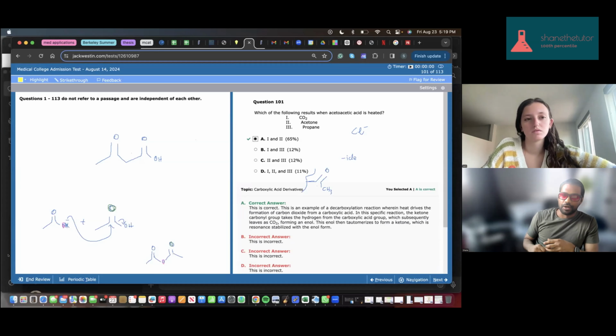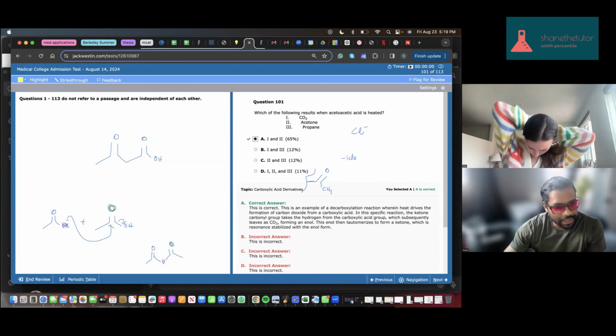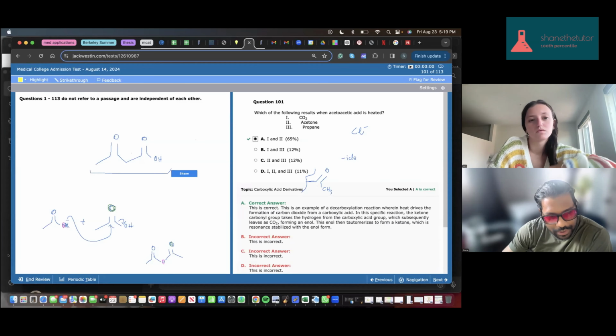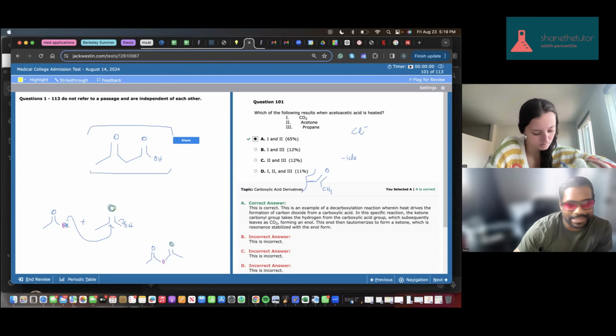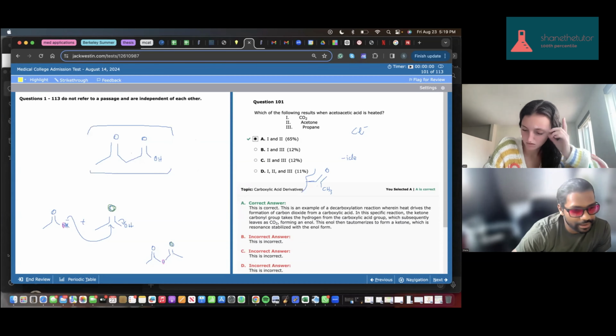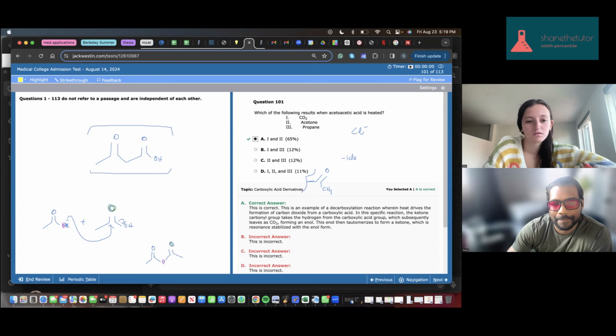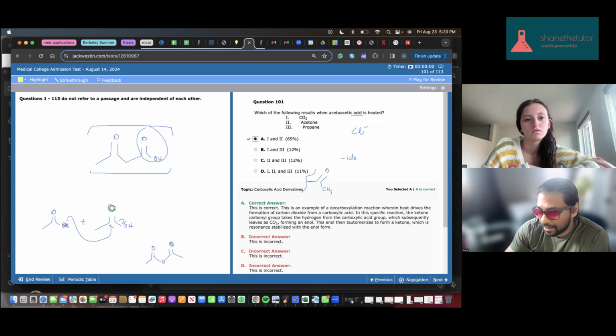For acetic acid, I don't think they'll ask what it would look like, but you would have to at least know that it has a carboxylic acid group in it, because they said acid, and that's the organic acid we typically see.